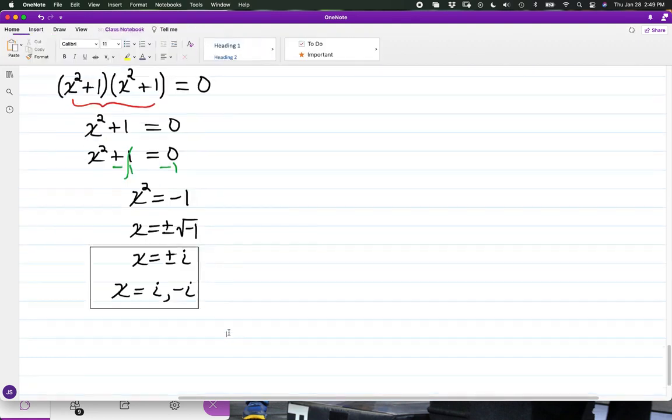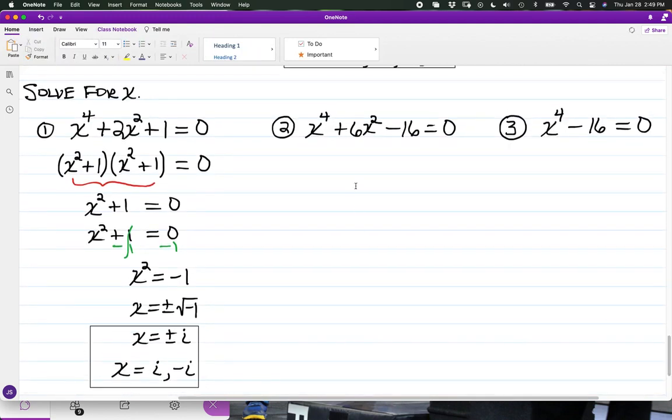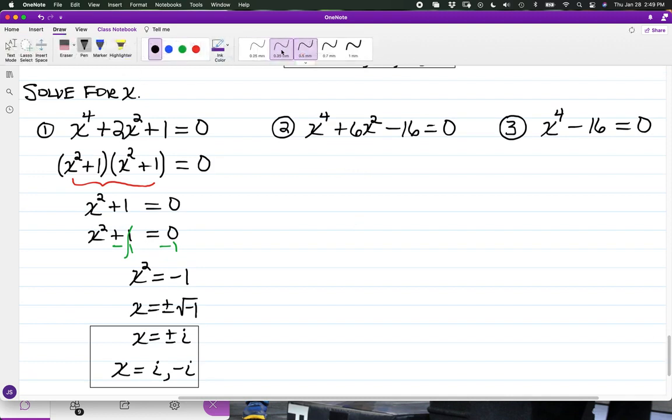Okay, now for the second problem, we have x to the fourth plus 6x squared minus 16 is equal to 0. And here I can factor this to x squared plus 8 times the quantity x squared minus 2, is equal to 0.